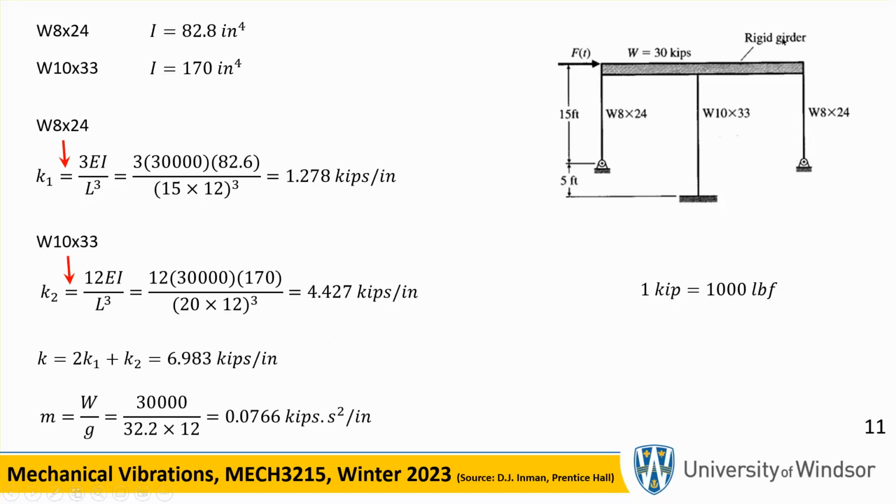Now the mass of this floor is the weight of it, which is 30,000 pounds, divided by, if you're working with inches and things like that, 386.4, okay, 32.2 times 12, and you get this. This is the mass, this is that weird unit, slinch.